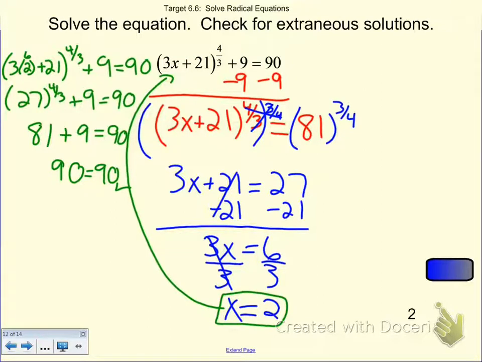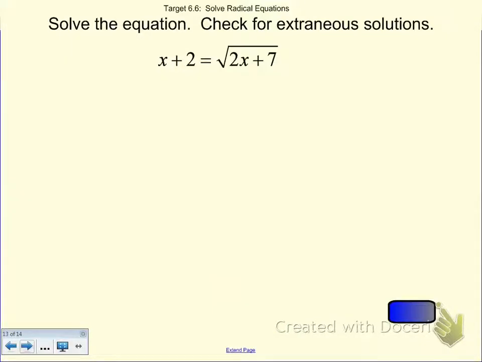And the last problem for our review today. Solve the equation, check for extraneous solutions. So now we have x plus 2 equals the square root of the quantity 2x plus 7. The right-hand side is being square rooted. To get rid of a square root, we square both sides.